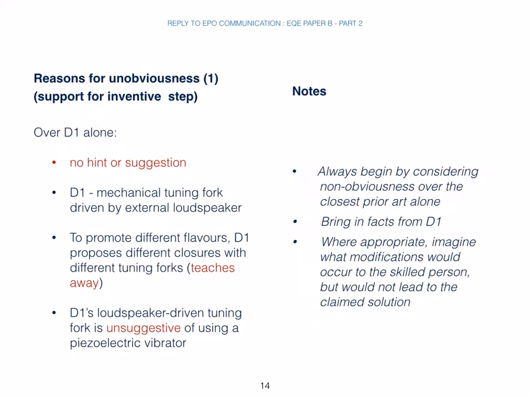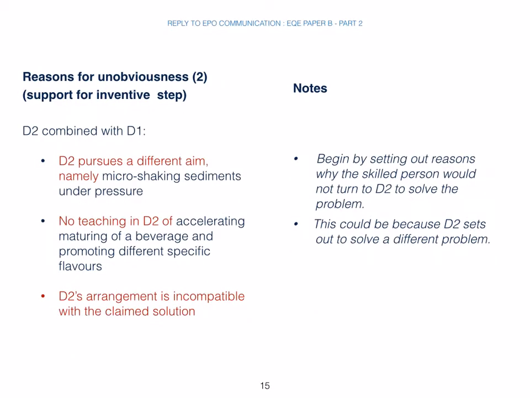Next, we consider D1 plus D2. Begin by setting out the reasons why the skilled person would not turn to D2 to solve the problem. This could be because D2 sets out to solve a different problem. So we have D2 combined with D1.